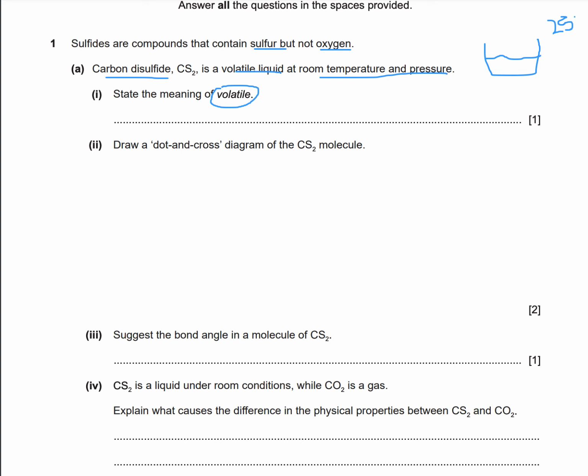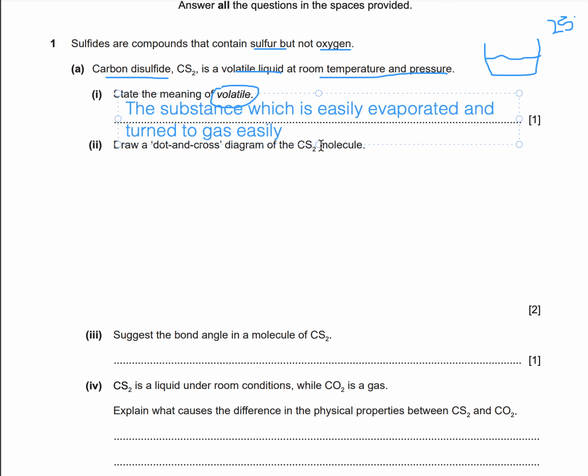So we just say that the substance which is easily evaporated and turned to gas easily. Okay, that's all you need to write.